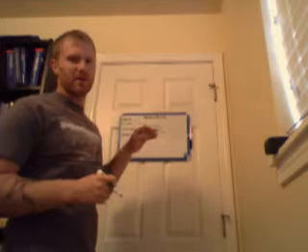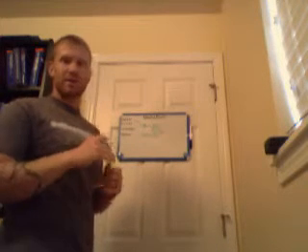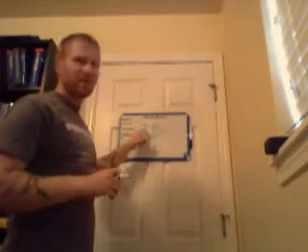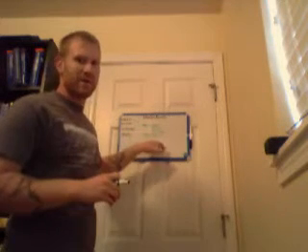Okay, and the next one I want to talk about is your useful load. The useful load is anything that's left over after the basic empty weight. So you take your maximum gross weight, which we're going to talk about in a little bit, and subtract your basic empty weight, and that's all the weight that you have to work with.